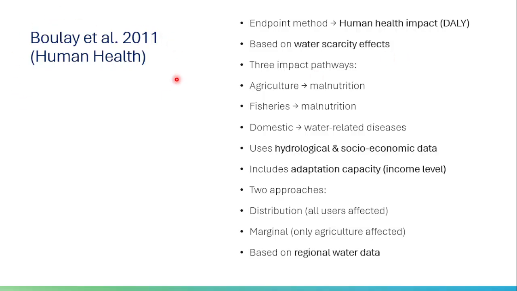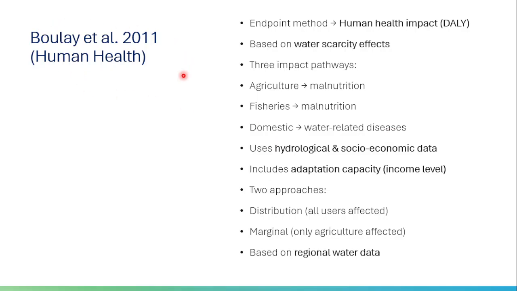In summary, this methodology investigates the effects of water scarcity on human health, and it has three impact pathways: agriculture and fisheries, about malnutrition, and domestic use, about water related diseases.